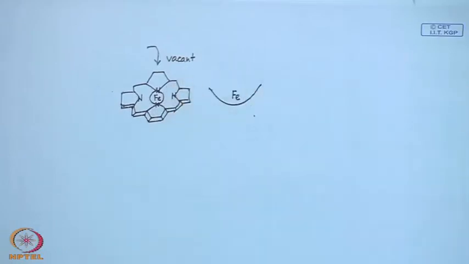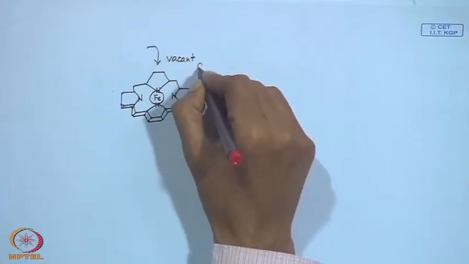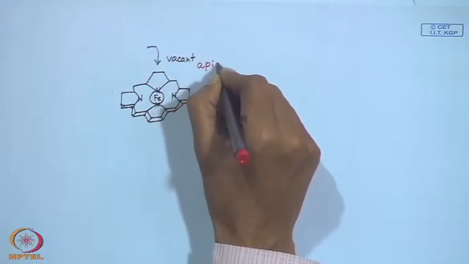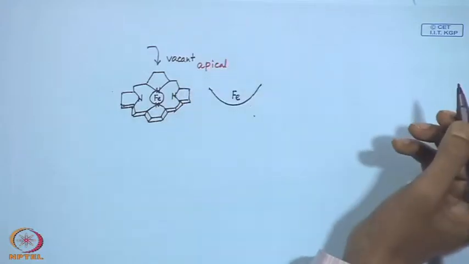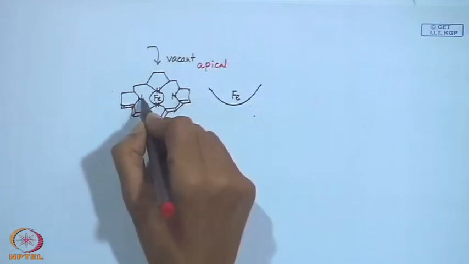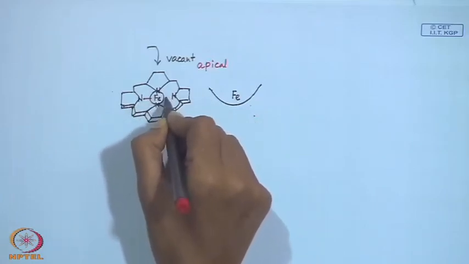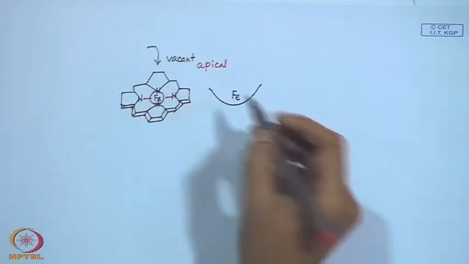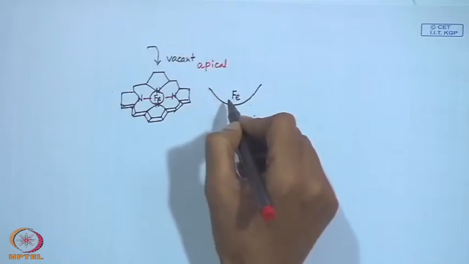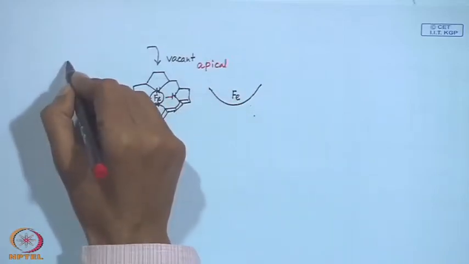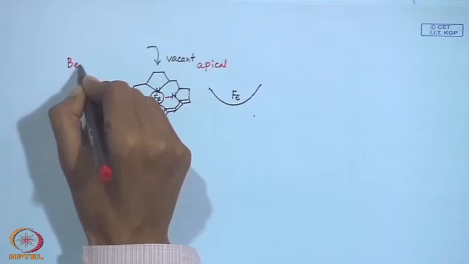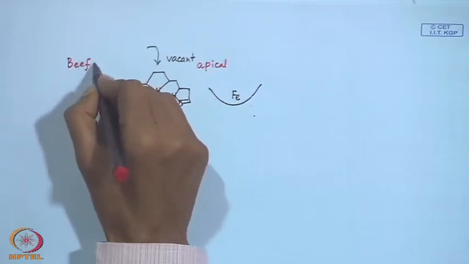So this particular site is your apical site, because all four basal sites around iron are occupied. And this is again the same example, the Biff-Lieffer catalase.